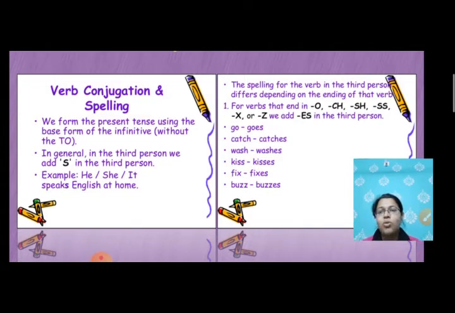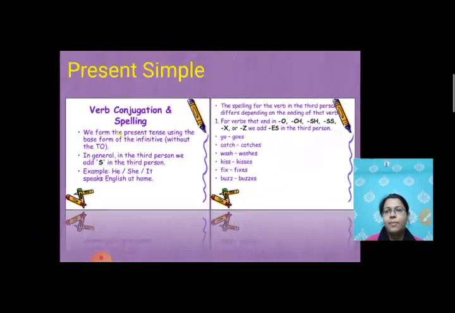For example, go becomes goes, catch becomes catches, wash becomes washes, kiss becomes kisses, fix becomes fixes, and buzz becomes buzzes. So whenever we use these kinds of verbs along with the third person singular, we have to add es.